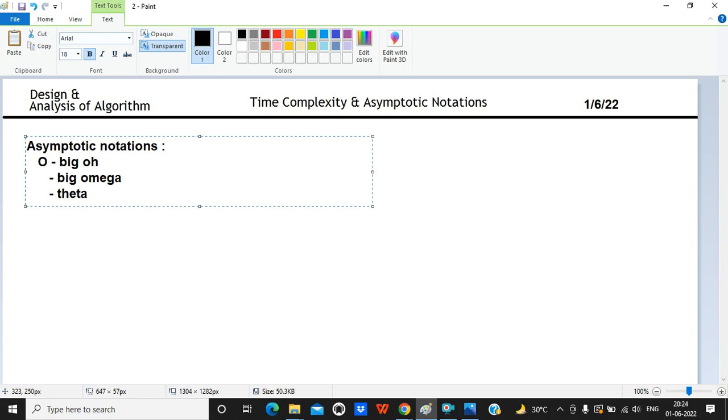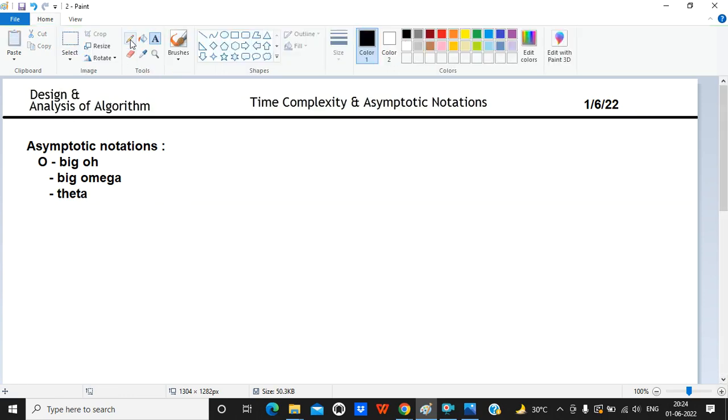The symbol of big omega is something like that, and theta is something like that. So these are the three symbols used for asymptotic notations. Now, what is asymptotic notation? Why do we need that thing?